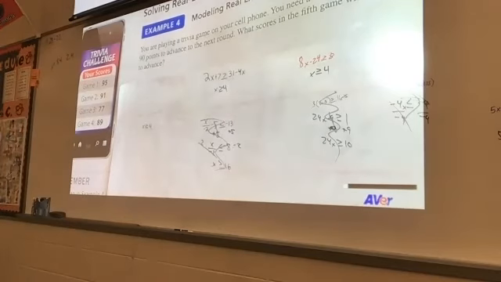In a trivia game on your cell phone, you need a mean score of at least 90 points to advance. What scores in the 5th game will allow you to advance? You got 1 through 4 here. We want to know in the 5th game, what do we need to be able to advance? Please set up and solve an equation. We got to be able to set up an equation.